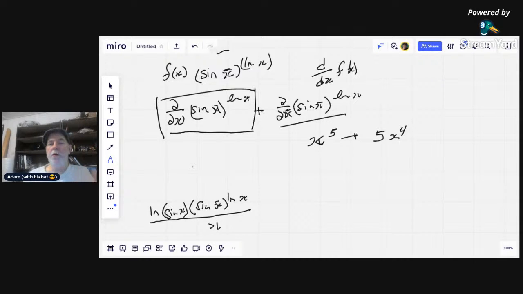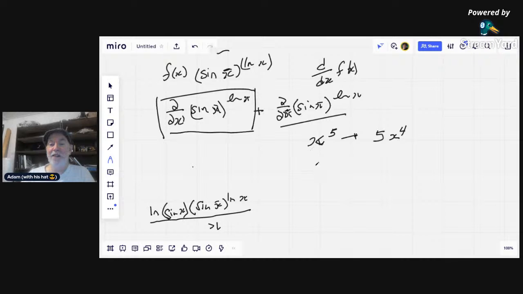All right, so we're treating sine x, we're treating the logarithm of x now as if it's the solid thing. We're not treating this like an exponential. We're treating it like a polynomial. So here we go, and let's hope this is right.